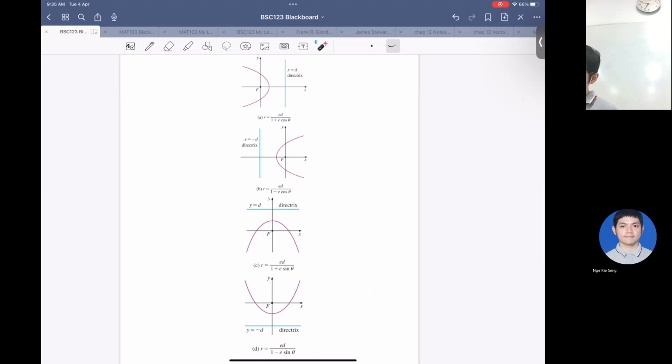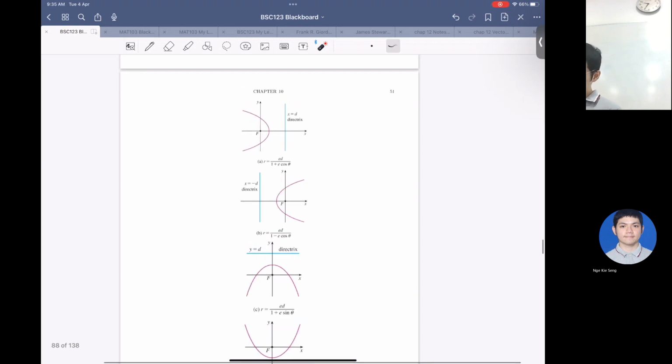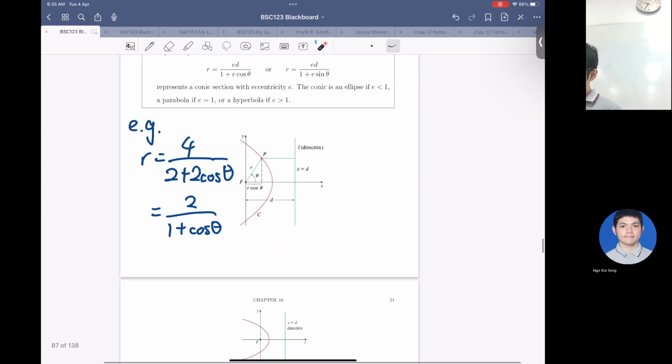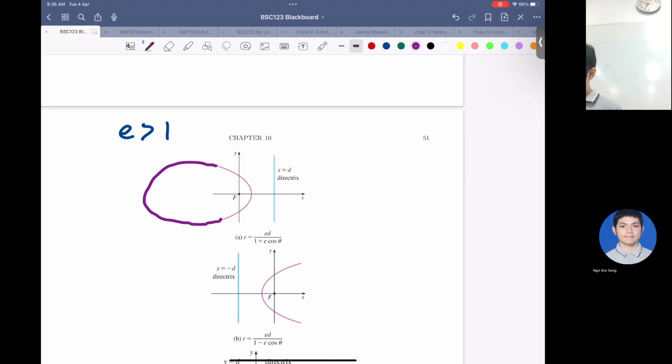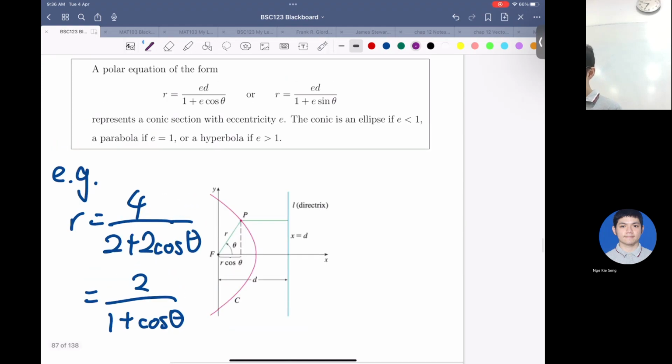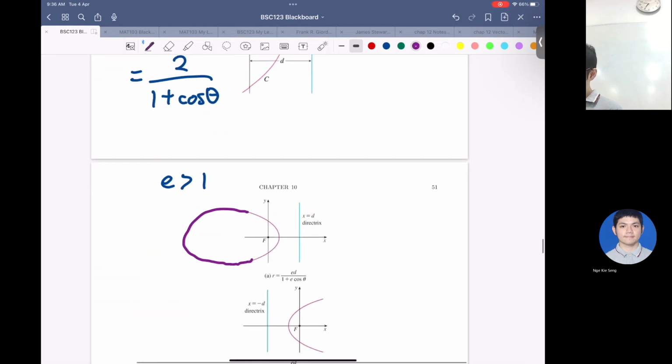Although you can see that this is just one parabola, it depends on E. If E is less than 1, it is an ellipse. Let me draw something. If E is less than 1, you can complete this graph to an ellipse. If E equals 1, then it is a parabola.